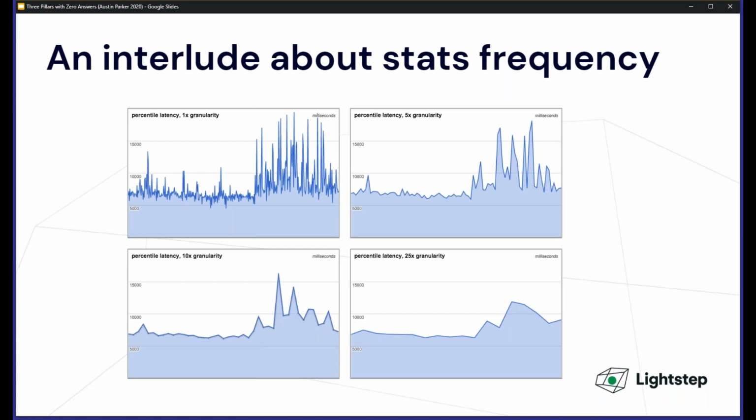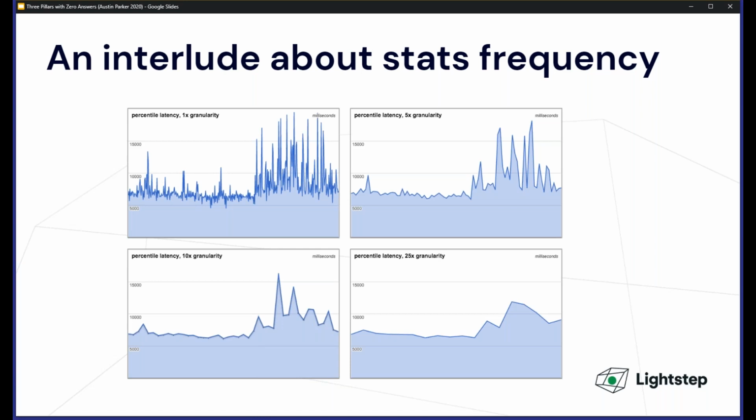So this is P99 latency of an internal system at 1 second, 5 second, 10 second, and 25 seconds of granularity. As you smooth this out over longer intervals, you're missing some outliers. If you look from 1x to 25x, it's extremely noticeable.